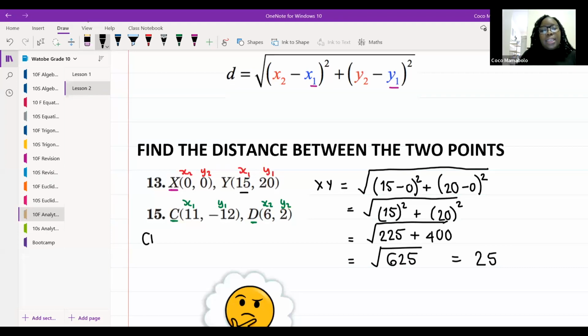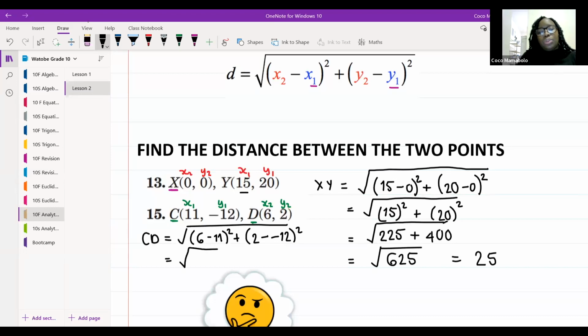So CD is going to equal the square root of, open brackets, x2 is 6 minus 11, all squared, plus y2 is 2 minus y1, so minus negative 12 would give us positive 12, all squared.